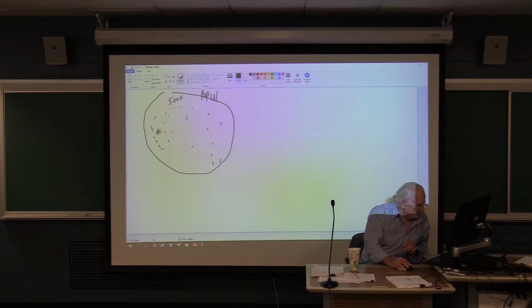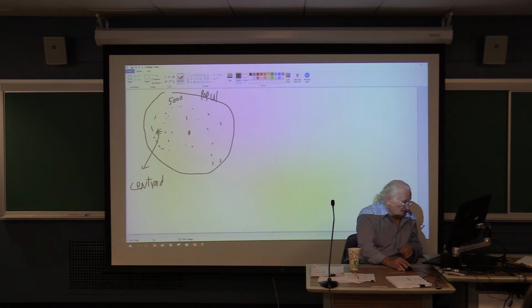So this is the center, and this is the centroid. I will show you how we can actually find this. It's very easy. This is the centroid, okay?